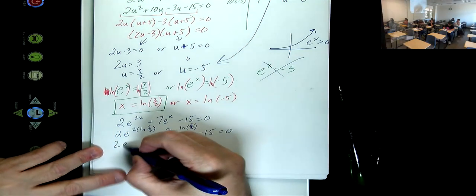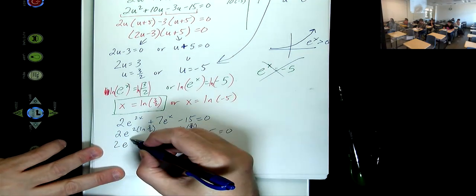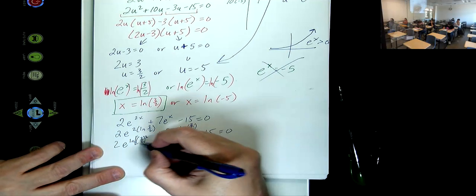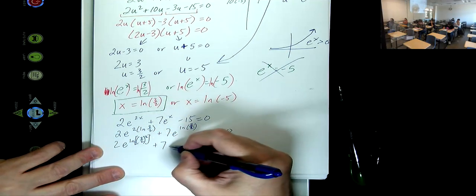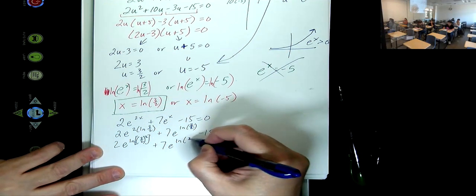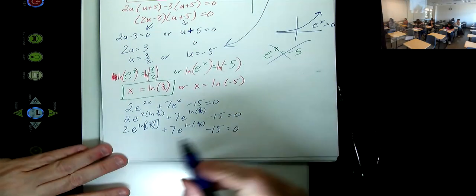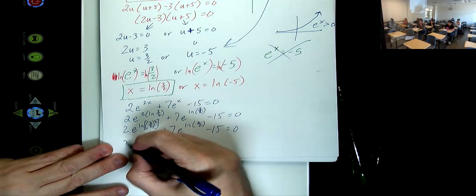I could put the 2 up as an exponent: 3/2 squared, plus 7e to the ln of 3/2 minus 15 equals 0. And now the e and the ln cancel out.